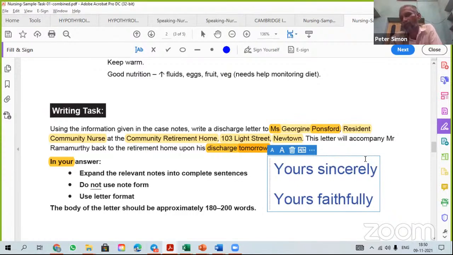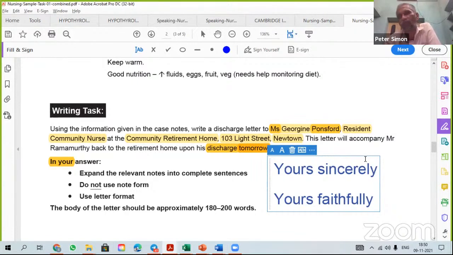If you are writing to a nurse without knowing the name, for example ward nurse, resident community nurse, charge nurse, senior nurse, community nurse, or doctor or physiotherapist, whatever name of a profession is there, then you will write yours faithfully. And one more thing: dear sir or dear madam.